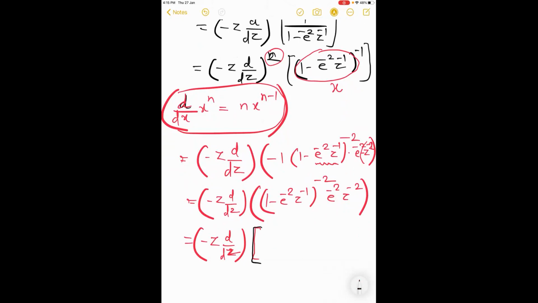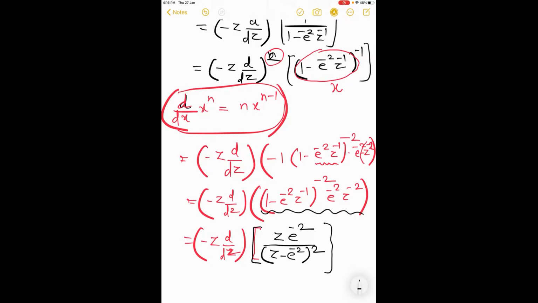So the total answer I am writing is z into e raised to minus 2 upon z minus e raised to minus 2, the whole square. After simplifying, meaning taking the expression in the denominators and taking the LCM, this will be the expression remaining: z into e raised to minus 2 upon z minus e raised to minus 2, whole square.